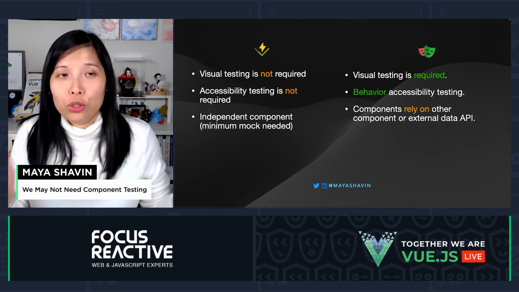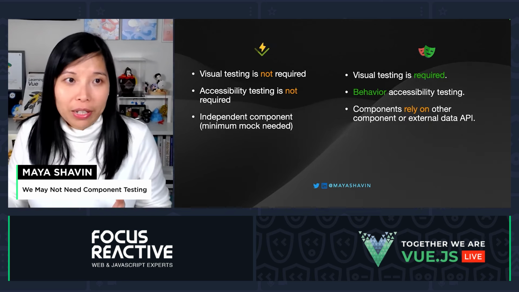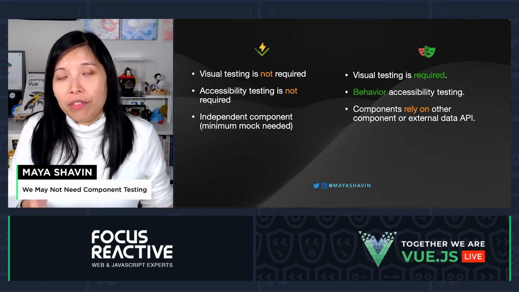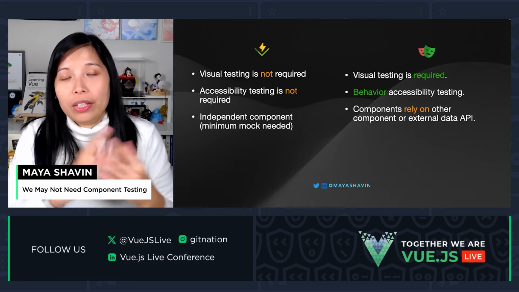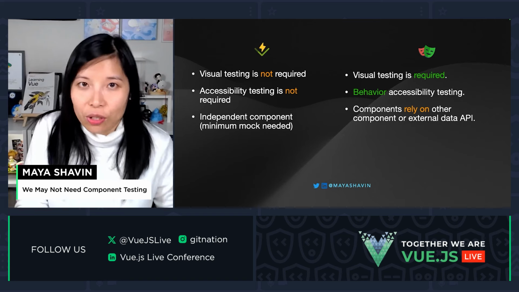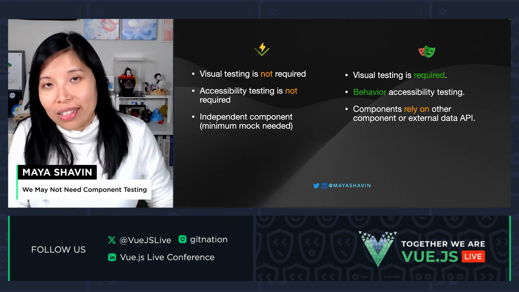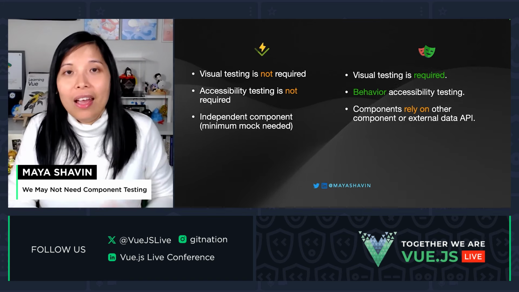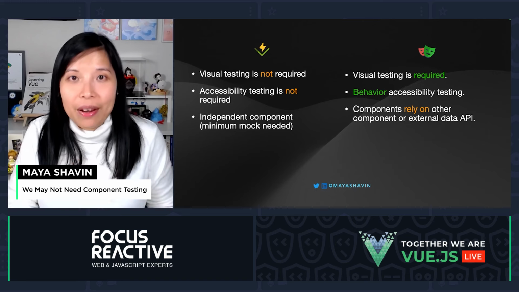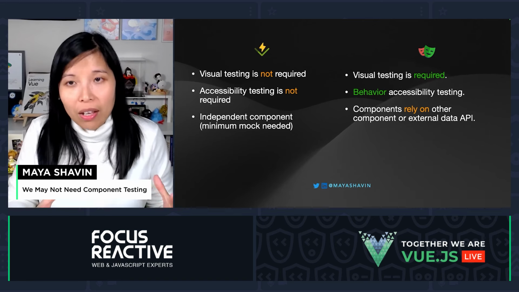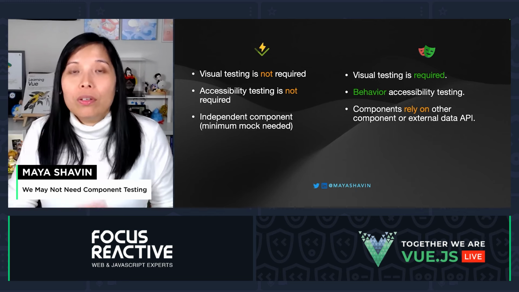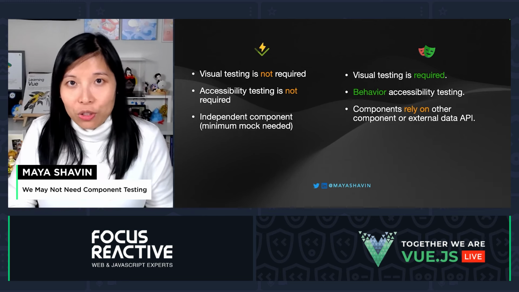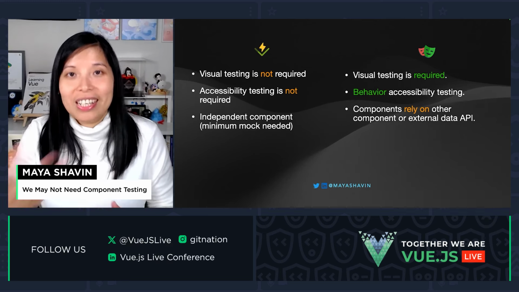And when are we going to use Vitest versus Playwright? So again, Vitest is more for unit tests and integration tests that don't need visual testing, and don't need accessibility or behavioral testing, and the component is very independent, with mocks, but not a lot. For component testing using Playwright, well, when you need visual testing, to see and believe.